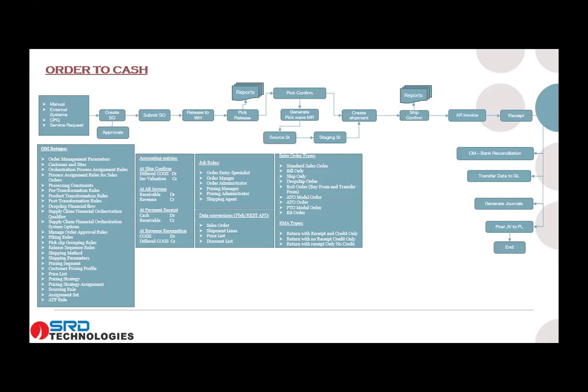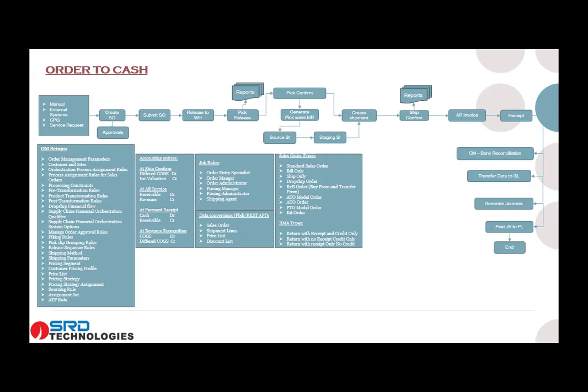So like this, many different ones, and on the other side RMA, return sales orders also, right? But first you clearly understand this standard sales order cycle. Based on this only, the other cycles' understanding will depend.